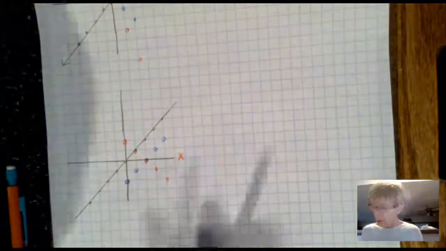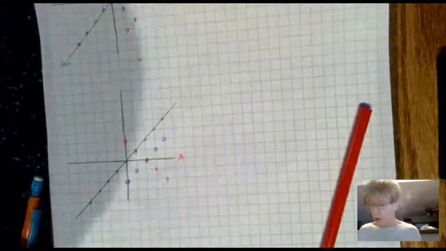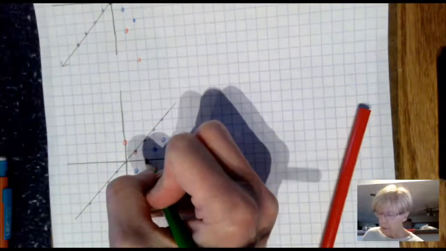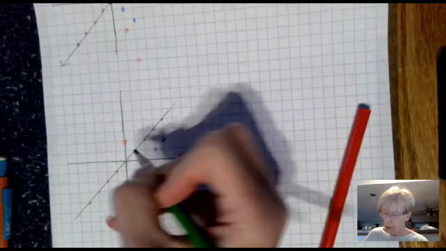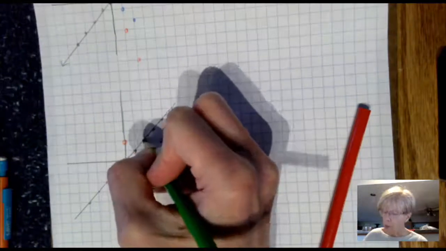Now we have to be really careful on this because I had to start at 0 when I stretched by a factor of 3. So I'm starting at 0 to do that, and you need to maintain the pattern of the line, which is a negative, but we went up 1 and to the left 1. So instead of going up 1 and to the left 1, we're going to go up 3 and to the left 1.